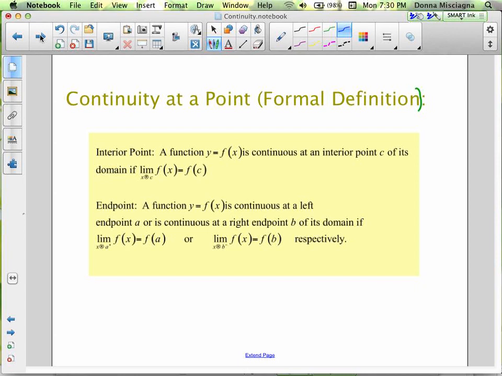If the limit as x approaches C of f of x equals f of C. So what is that saying?